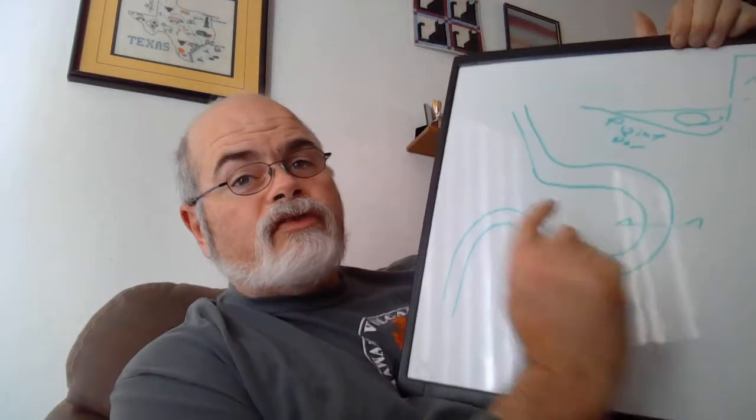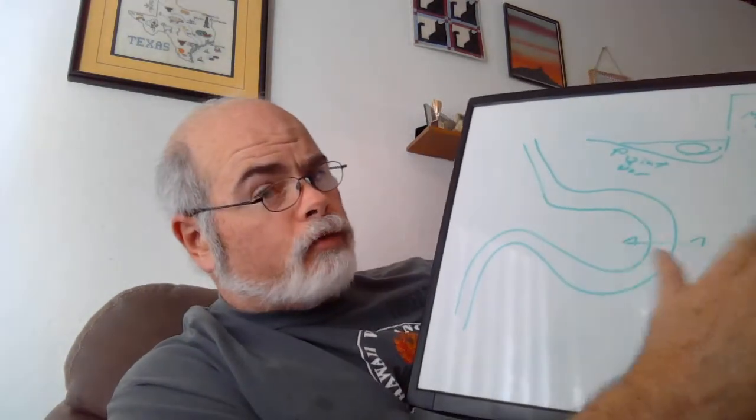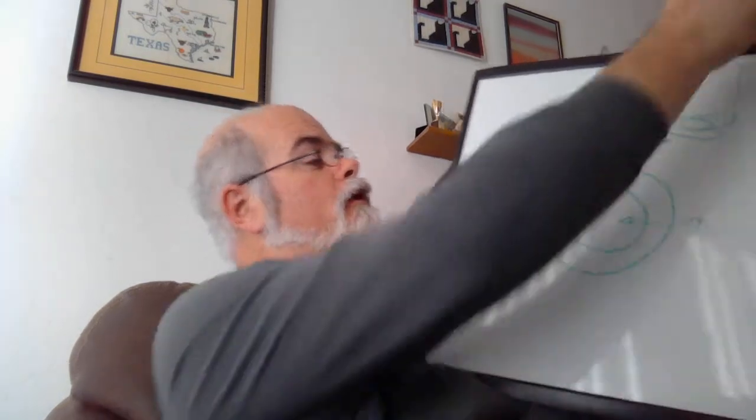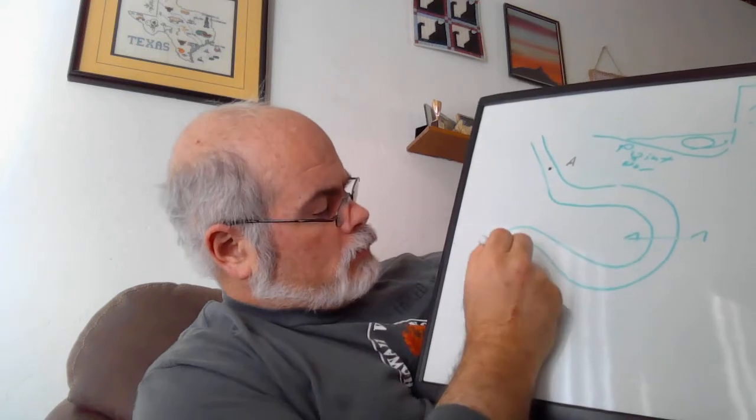Now, this is an unstable shape because if you look at it, water has one basic rule it wants to follow. It wants to go downhill as fast as possible. Well, we can look at a measure that we call sinuosity as the distance between point A and point B as measured by a bird and the distance measured along the river.